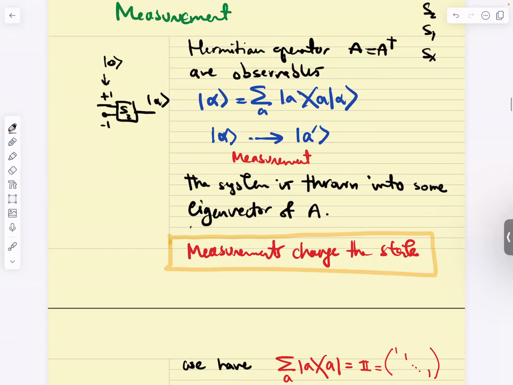The reason is that if you measure Sz again, it should always consistently give you +1. If this were not an eigenket corresponding to +1, measuring the same observable again could produce a different answer. This is not what we see in Stern-Gerlach. I repeat, this is not what we see in Stern-Gerlach. Therefore, the measurement has to throw you into an eigenket.